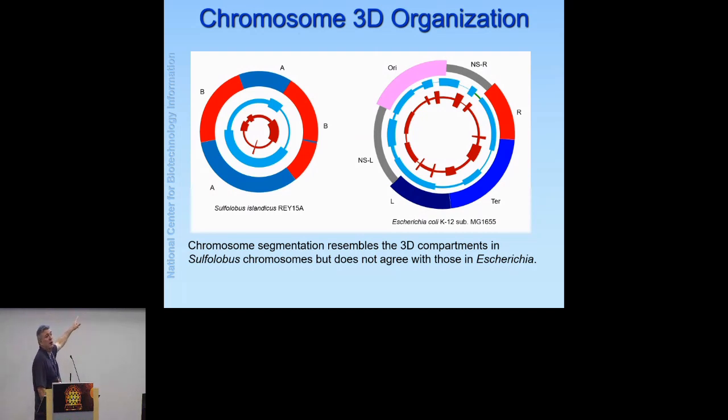Placement of those important genes in particular chromosome locations drives the maintenance of 3D chromatin structure, at least in Archaea, apparently not in bacteria.